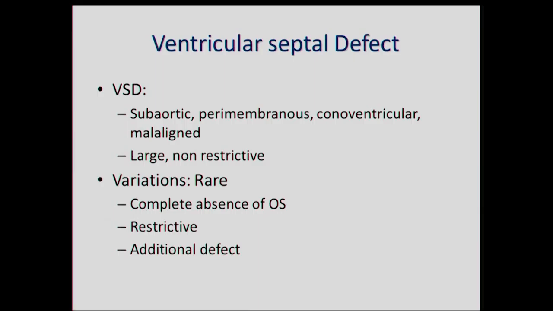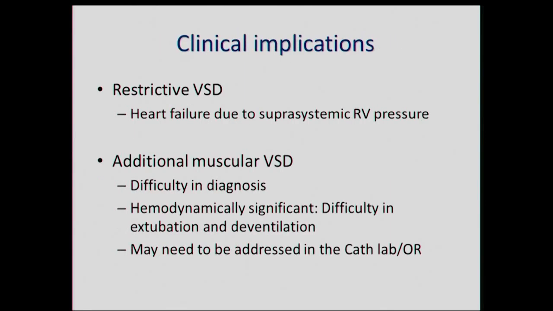You can have complete absence of outflow septum, in which case the VSD extends right up to the pulmonary annulus. Very rarely, the VSD can be restrictive because of an accessory AV valve tissue or because of the tricuspid valve leaflet. And amongst all the variations, the commonest may be additional muscular defects in any part of the muscular septum.